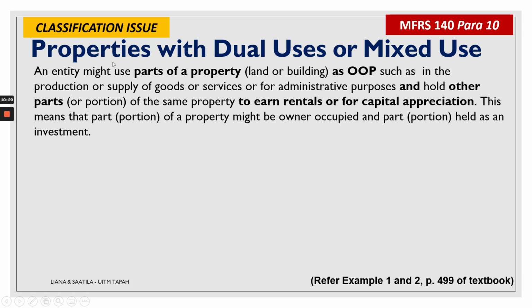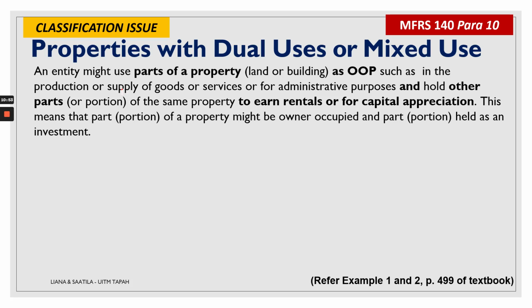You may have properties with dual use or multiple usage or mixed use. So according to the standard, paragraph 10, an entity might use parts of a property, land or a building, or just part of a building as OOP. Remember, OOP is owner-occupied property, such as in the production or supply of goods or services.